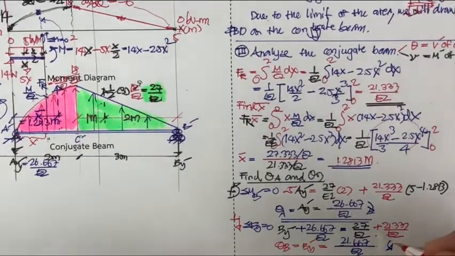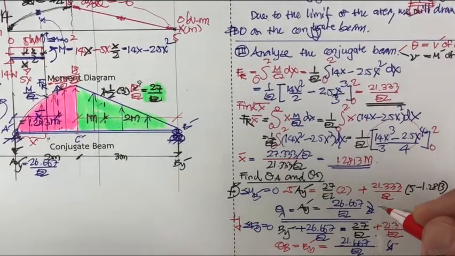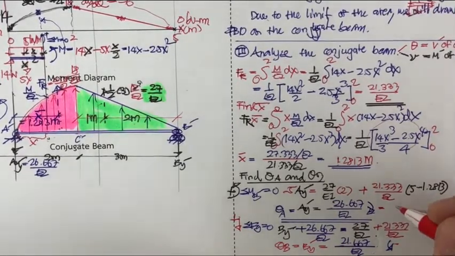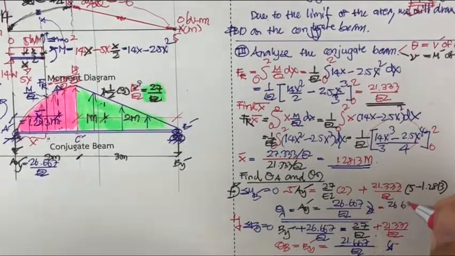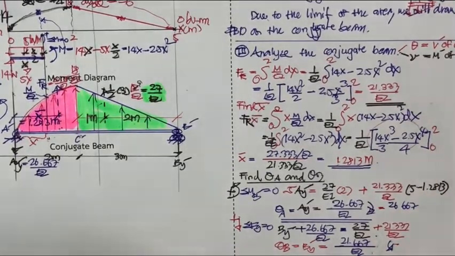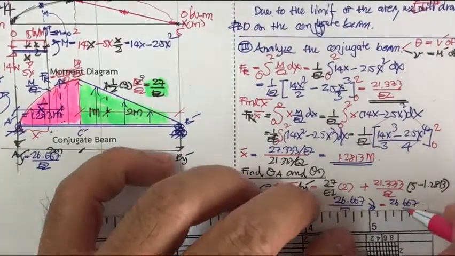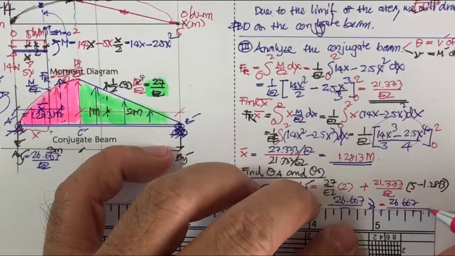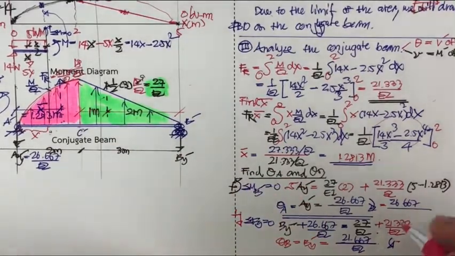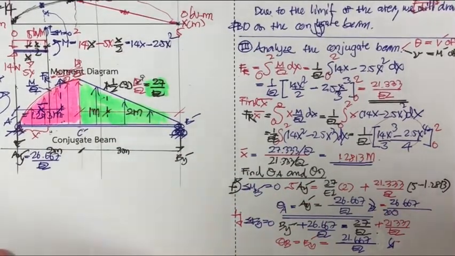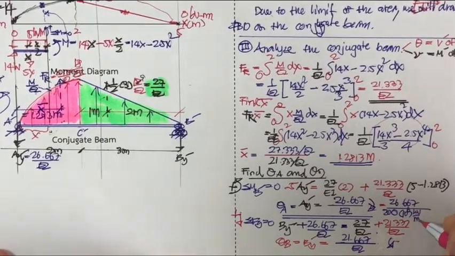So this one is going to be 26.667, and then you have EI, where E is 200 times 10 to the power 6 kilonewton per square meter.